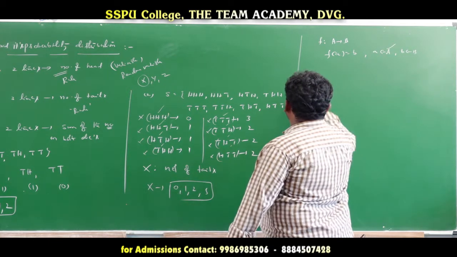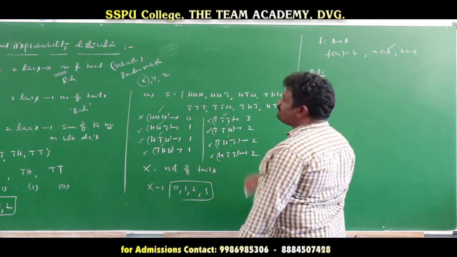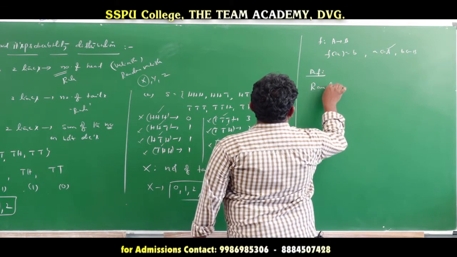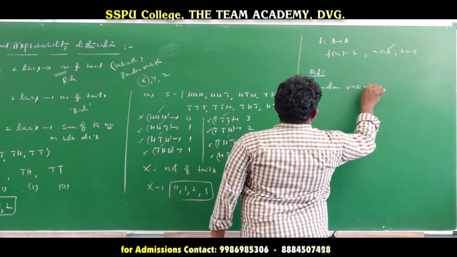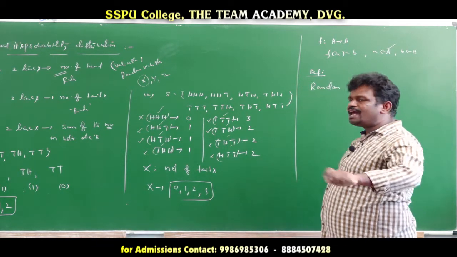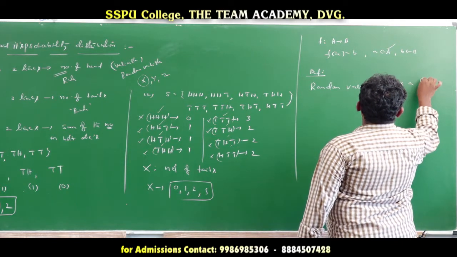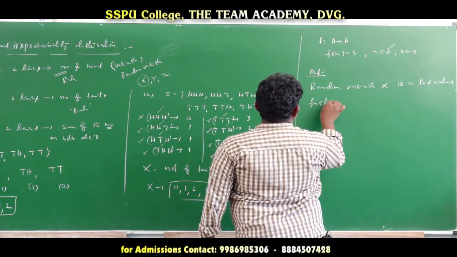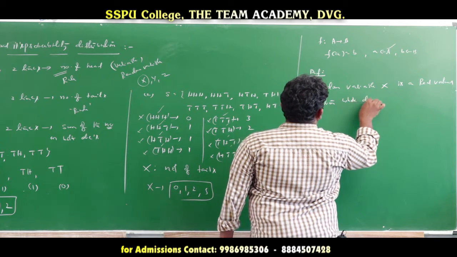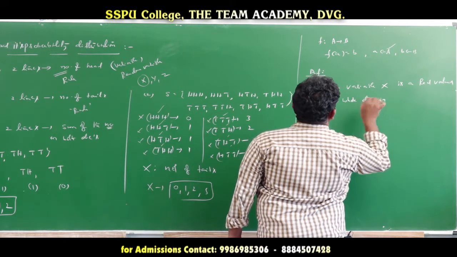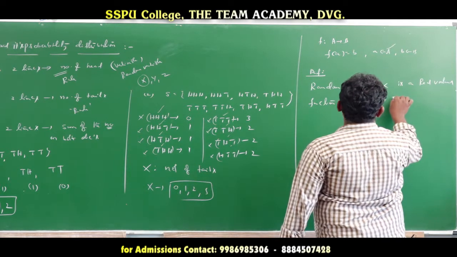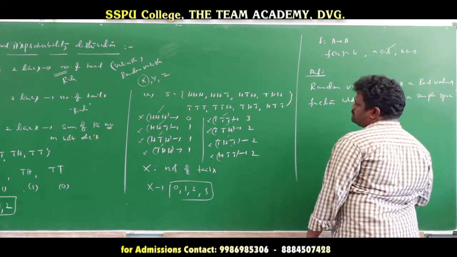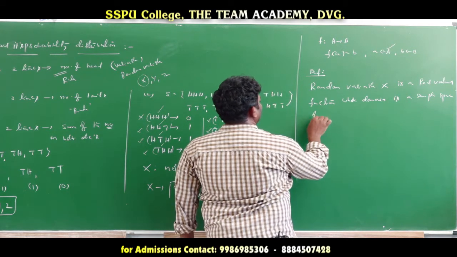So he gave one definition for the random variable. Random variable x is a real valued function whose domain is a sample space of a random experiment.